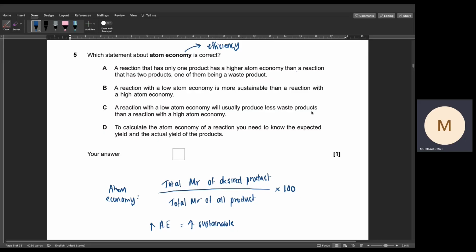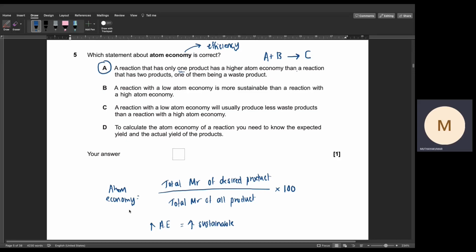Looking at our options, a reaction that has only one product has a higher atom economy than a reaction that has two products, one of them being a waste product. That is true. If we take a generic example, A plus B, making just one product, C. C is our desired product, and C is the only product.